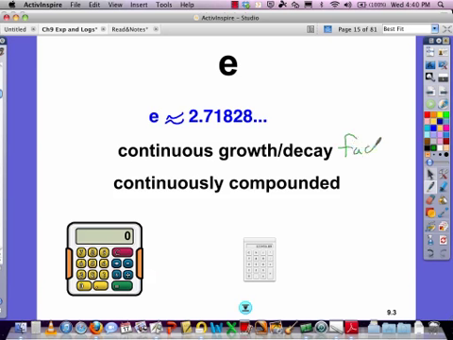We've been using y equals a b to the x, and we called b our growth factor. So instead of a b, we're going to have an e in that spot in our equation. What's going to make it different is that it will no longer say compounded quarterly or anything like that. It'll say continuously compounded. So if we could turn this over as fast as we possibly can and get interest, that's what we're really doing.